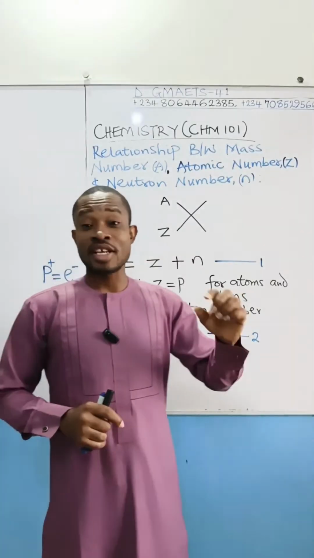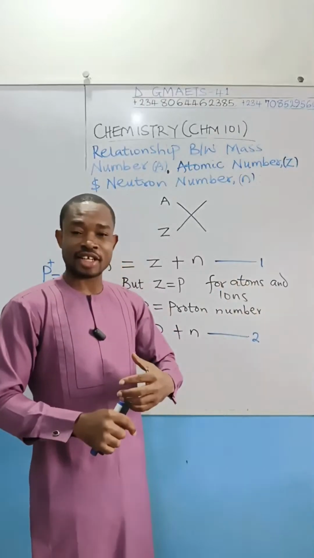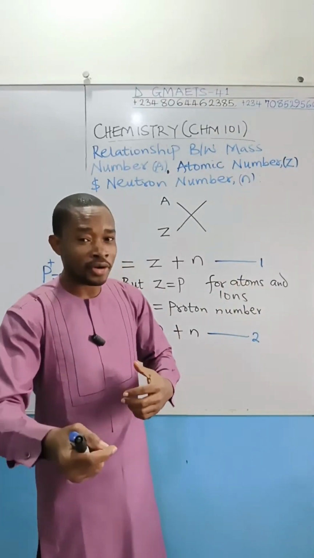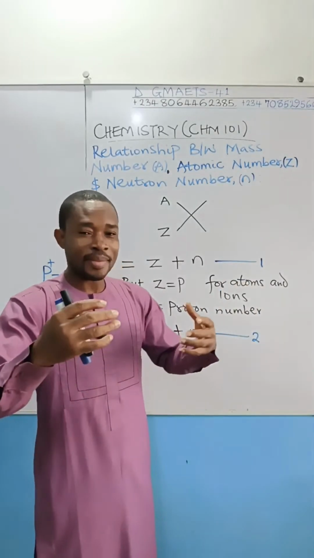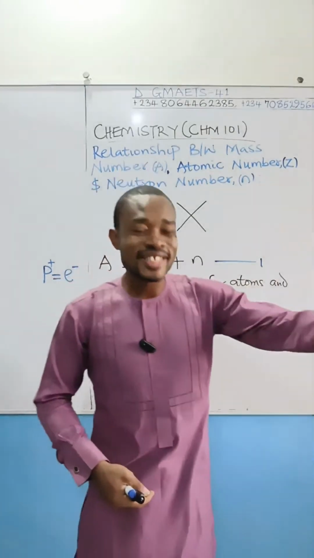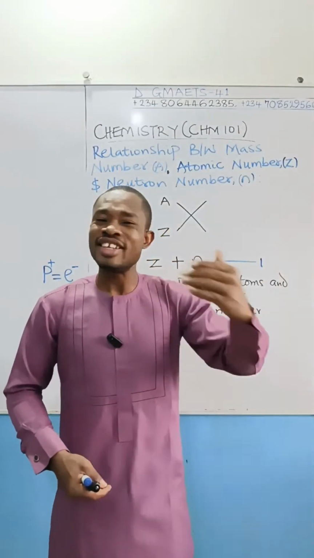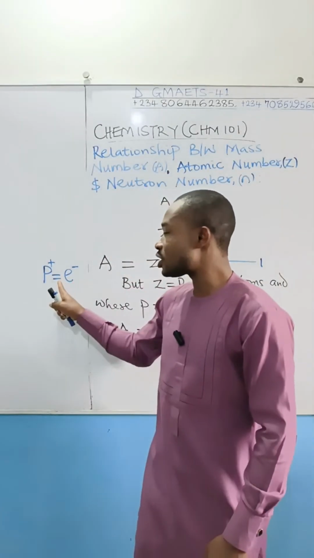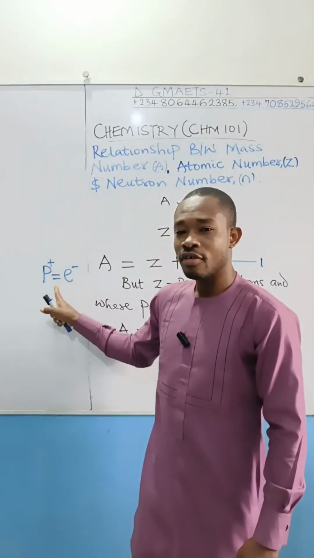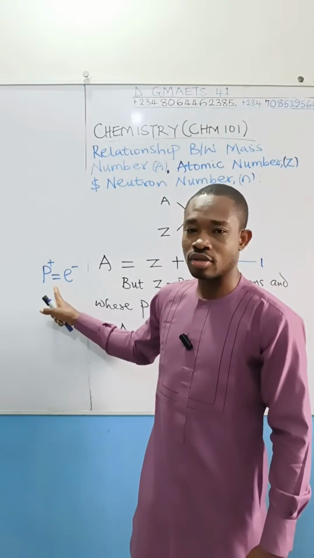If I'm talking about an ion, which is an atom that has reacted either by gaining electron to form anion, or by losing electron to form cation, this statement is no longer true. For an ion, proton is not equal to electron.